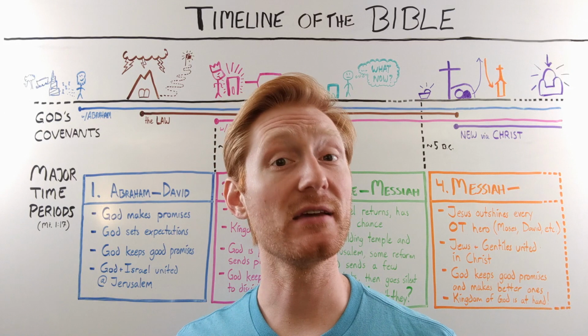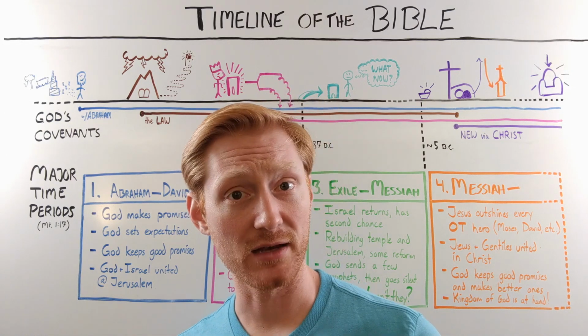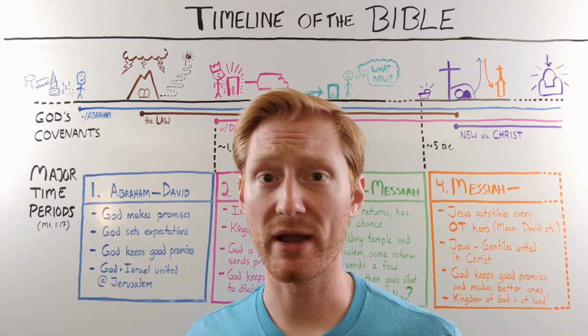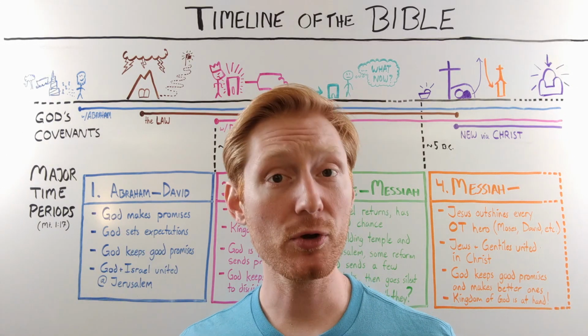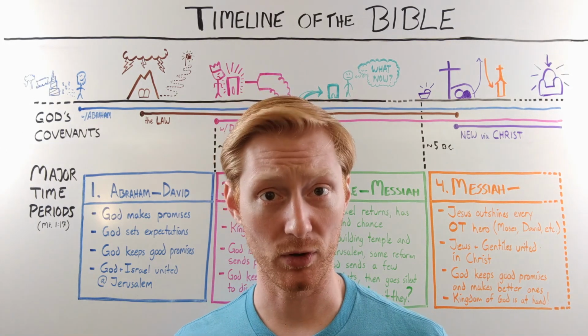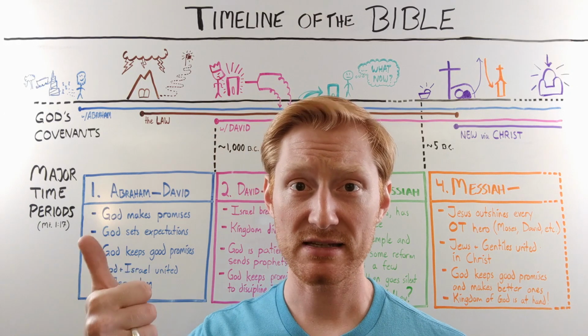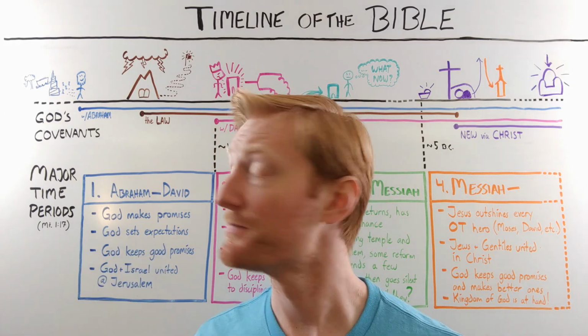And he says, "I'm going to give your descendants land." He promises them the land of Canaan, which is roughly where Israel is today. And then he says that through your descendants, Abraham, I will bless all the nations of the world. So lots of descendants, including some kings, land, and blessing the nations.